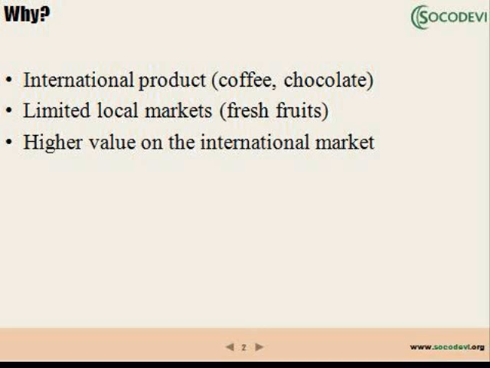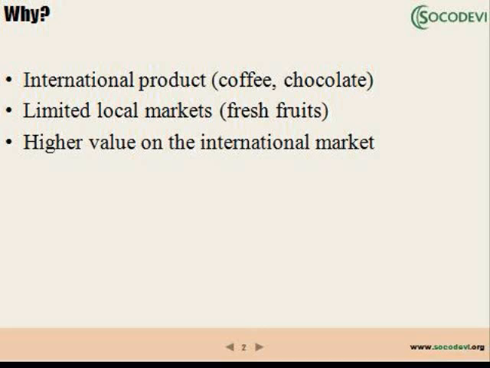So why are we focusing on supporting small farmers to reach international markets? It's a question that needs to be raised because many believe that small farmers should first and foremost produce only for their internal market. But we believe that in many cases this is not possible or it's not the best solution for them. In some instances, for example, coffee and cocoa is mostly drunk in countries where it is not produced.